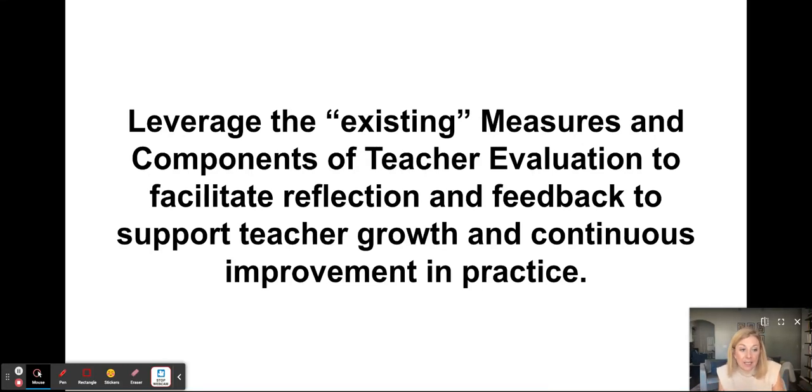You all did that analysis in week 2. And so now, this week, what I really want you to think about is starting to create that vision in your own minds: how am I going to leverage these existing measures and components of teacher evaluation, right? To facilitate those things that we know support teacher growth and continuous practice.